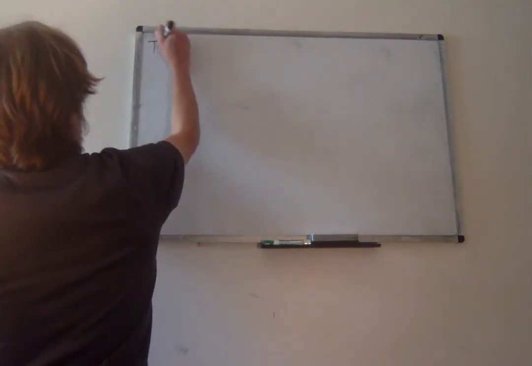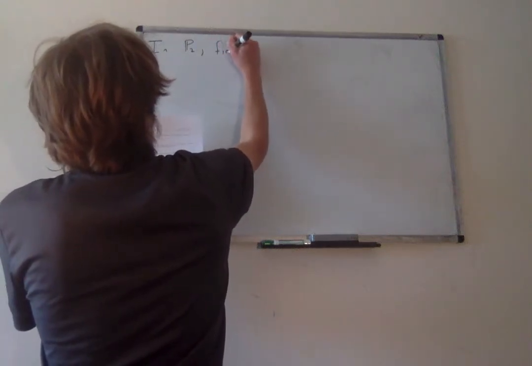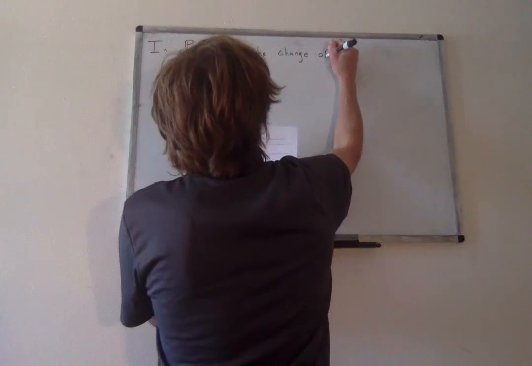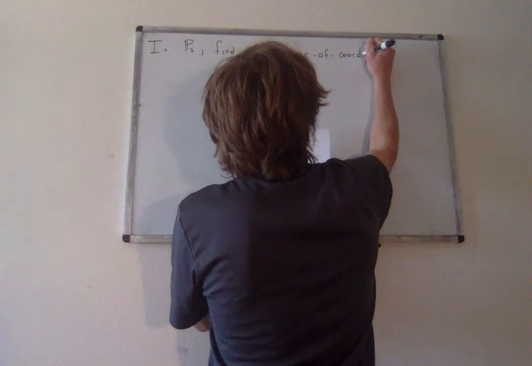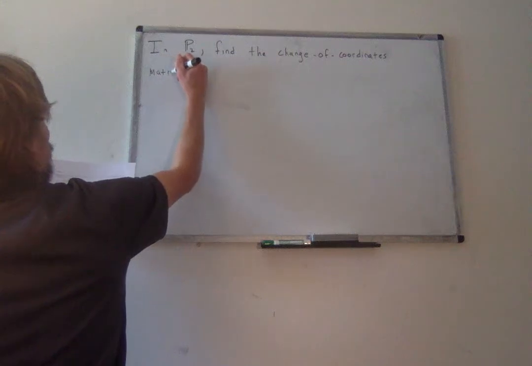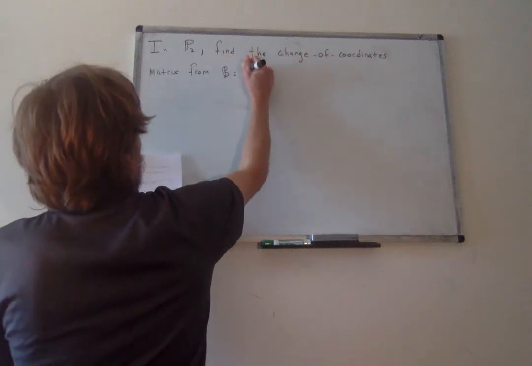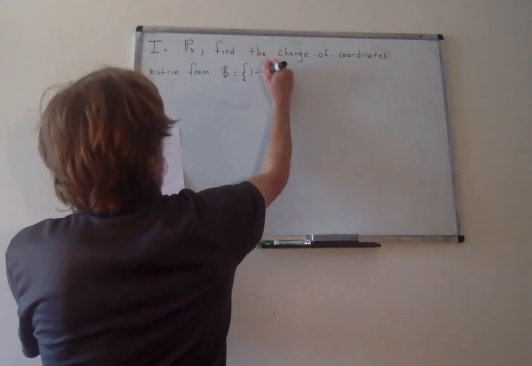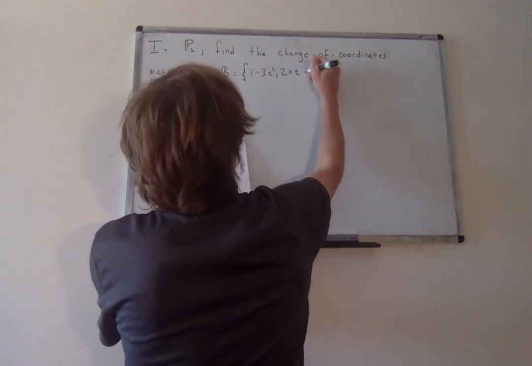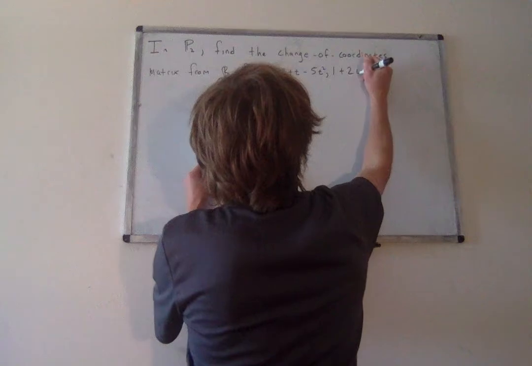So we're going to say in P2, we want to find the change of coordinates matrix from this basis B, which will be 1 minus 3t squared, 2 plus t minus 5t squared, and 1 plus 2t.